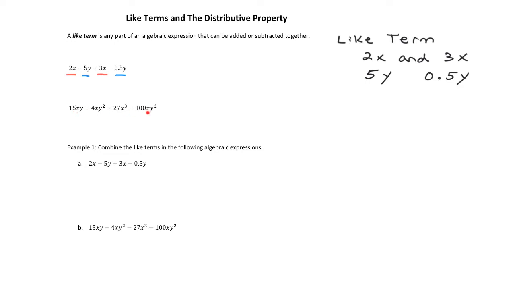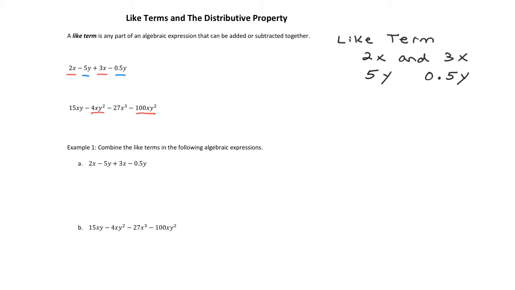And then at the very end, we have xy squared. Again, it's not exactly the same as this xy. So 15xy cannot be compared with anything else. Now, if we check out the next term, 4xy squared, I can see that we have these other xy squareds at the very end. So we have 4 of one, there's 100 of the other, but it's the xy squareds that are identical.